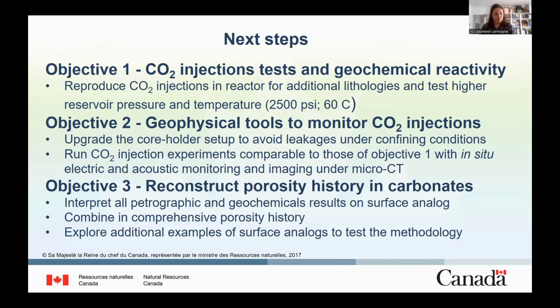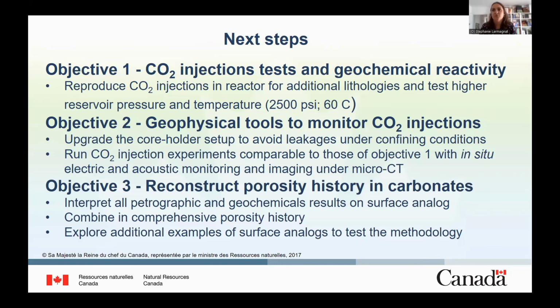So to wrap up the presentation, I put the next steps for every objective that we have. For the CO2 injection in the reactor, we will reproduce the injection scenarios on the other lithologies. So we still have 4 lithologies remaining to test.